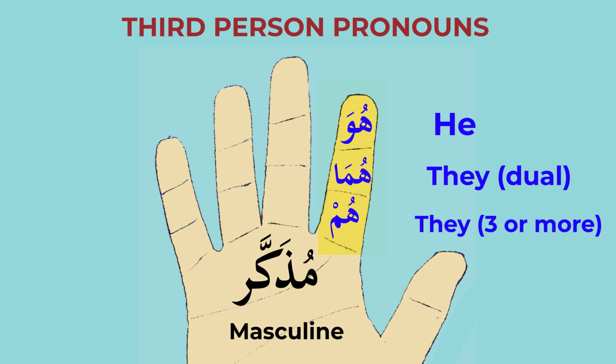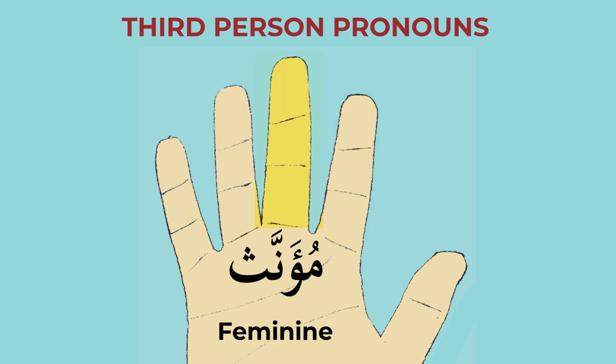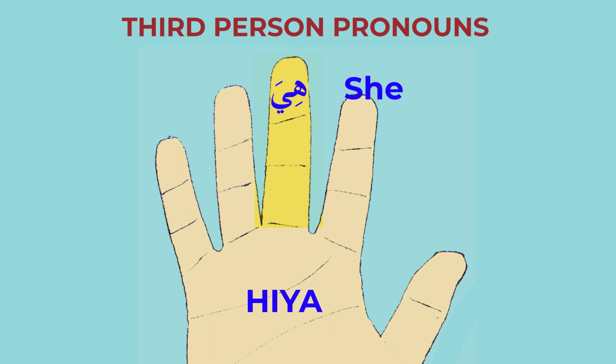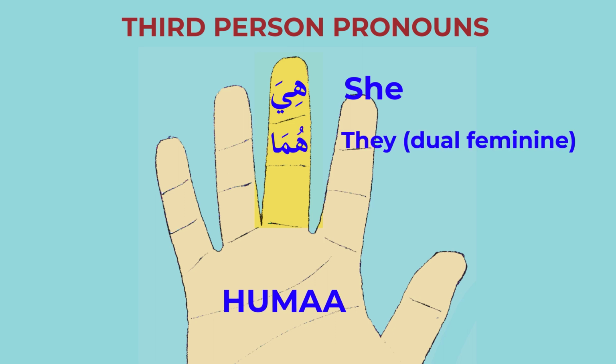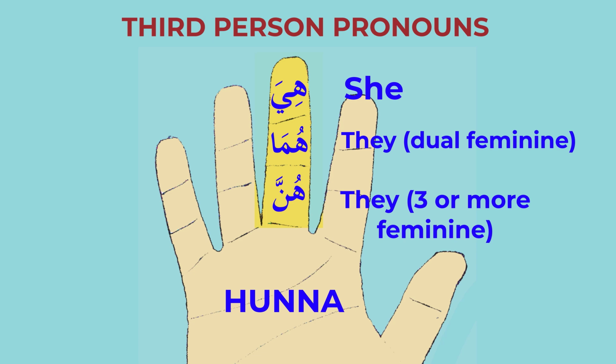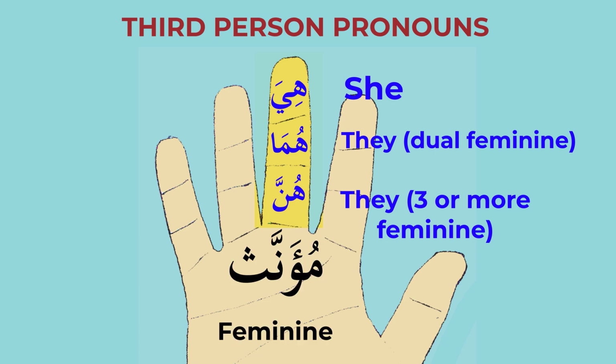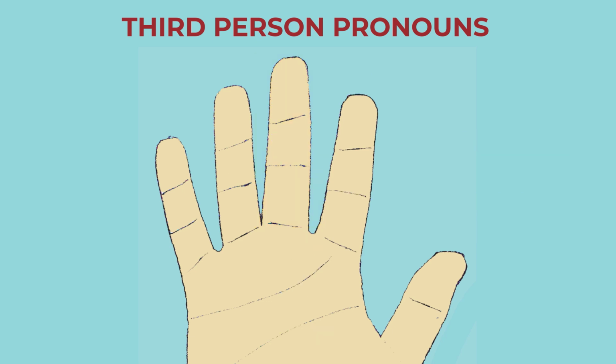We call it mudhakkar. And then we come to muannas. And then it will become hiya, and then huma again, and then hunna. Are you with me, brothers and sisters? Muannas, feminine.